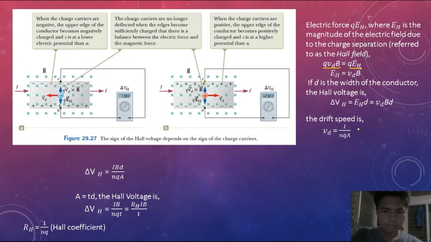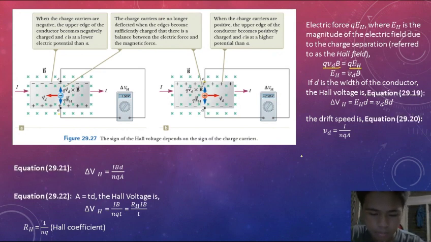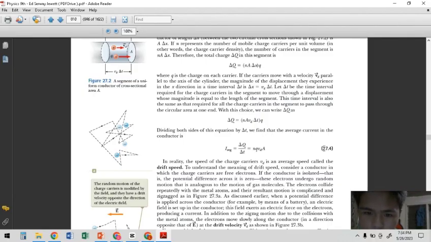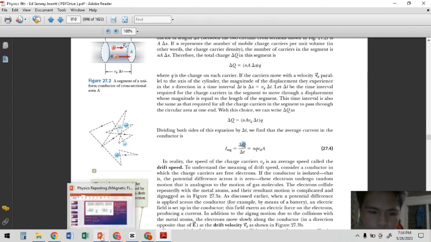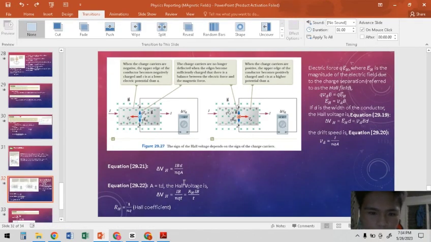So we can obtain the charge carrier density n by measuring the current in the sample. From equation 27.4, the average current is equal to the change in charge over change in time, which equals nqvdA.